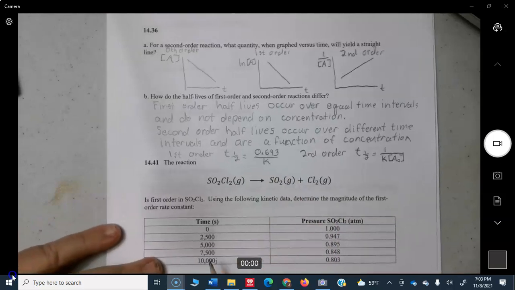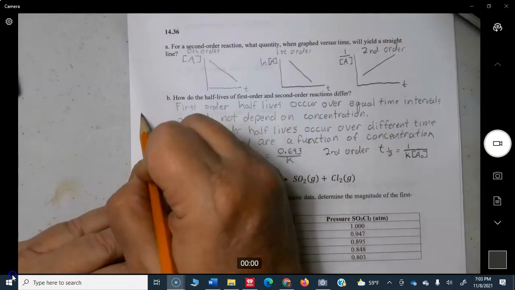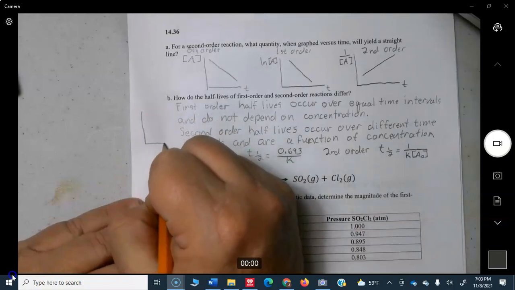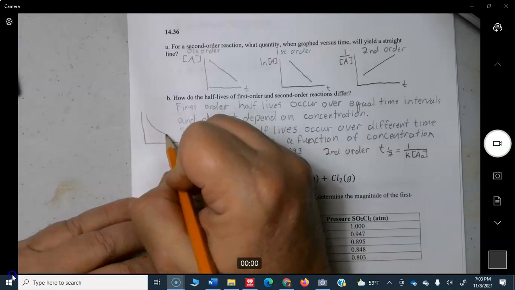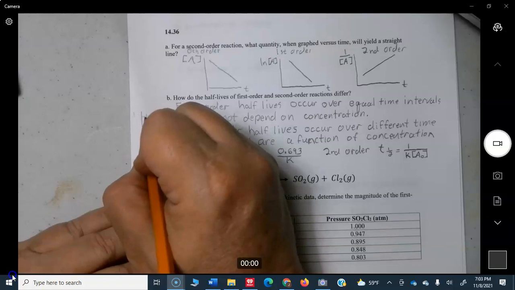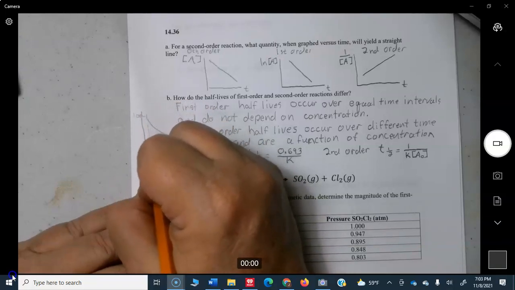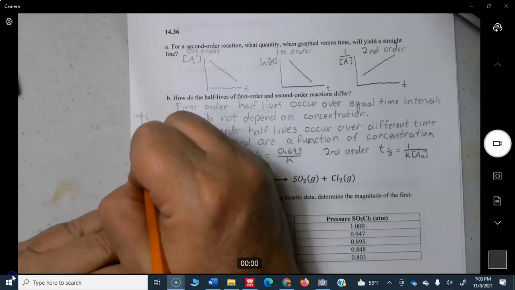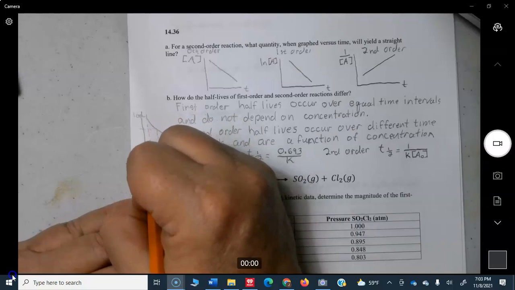The first order one is the one you should really understand what it looks like, and it's this. I'll try to draw it as best I can freehand. Let's say this is 100 right here. It will be cut in half to 50 in, let's just say, 1 minute.